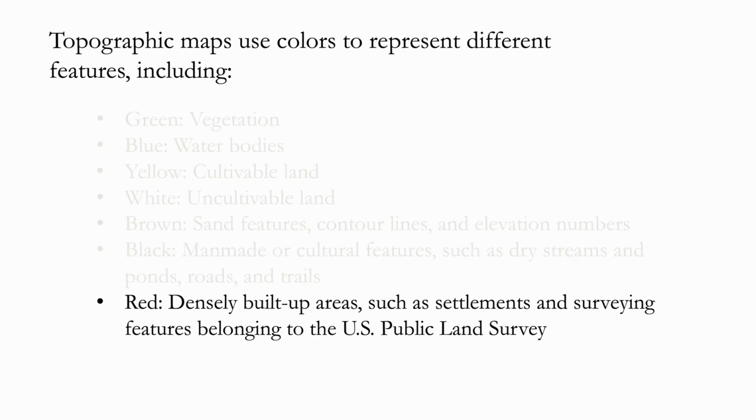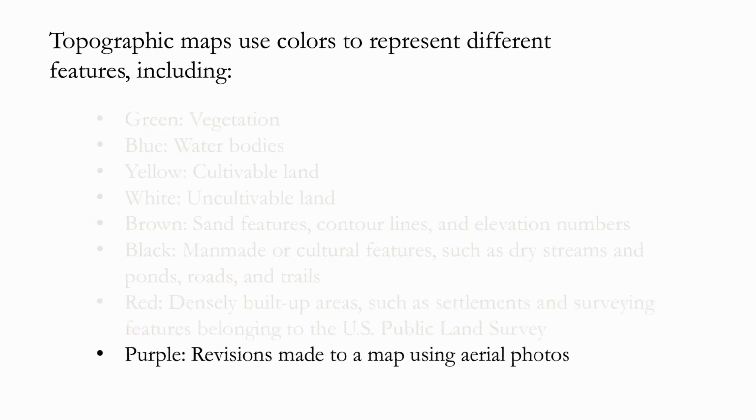So if you think of the Public Land Survey as rectangles, and you think of the metes and bounds property lines that were popular in the eastern part of the United States, they are all just going from trees to houses to whatever, and the Public Land Survey is just sort of an abstract. It's a grid laid on the whole country.